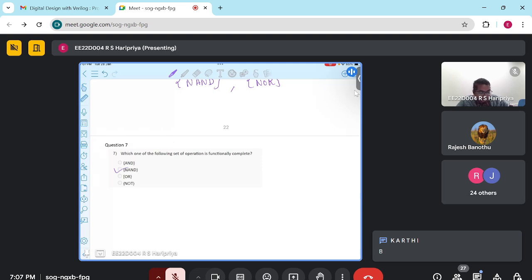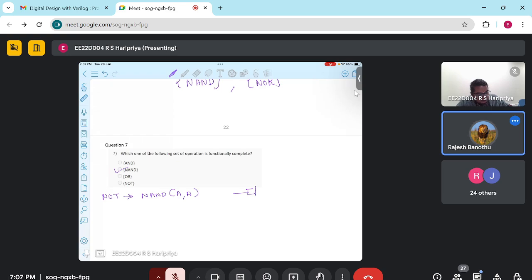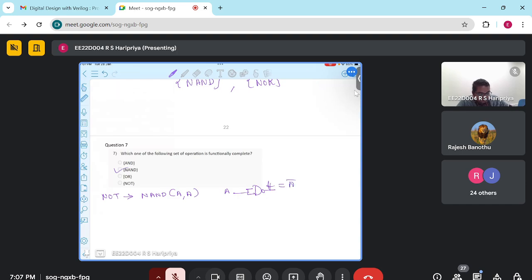Why? We have to implement the NOT operation, then it is NAND of A comma A. So we will get the NOT operation here, which is A complement.